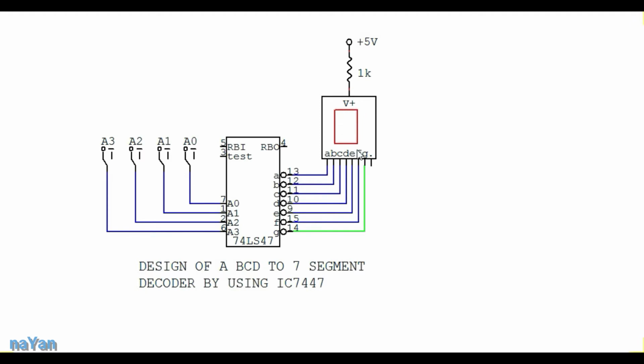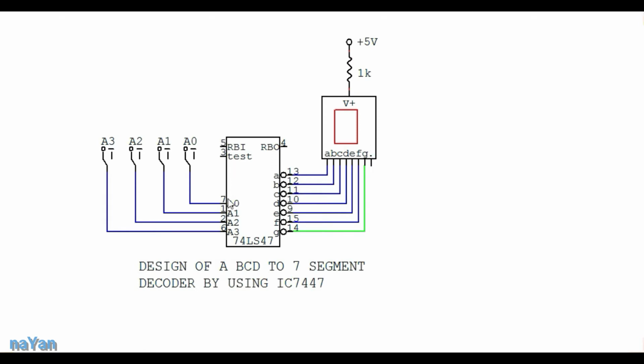display properly. In this circuit, here is a BCD to 7 segment decoder, that is the 7447 IC. We're using a common anode 7 segment display in this circuit. The 7 segment display is connected to a 5 volt supply through a resistance. So we use a resistance when we provide supply to this 7 segment display.